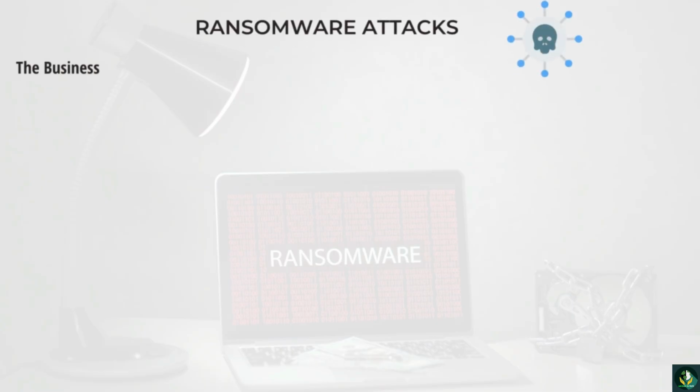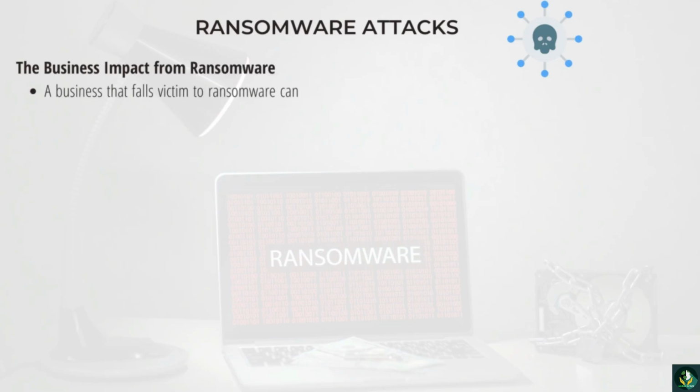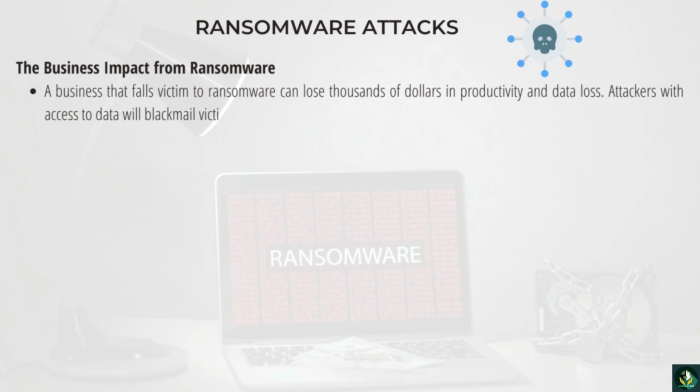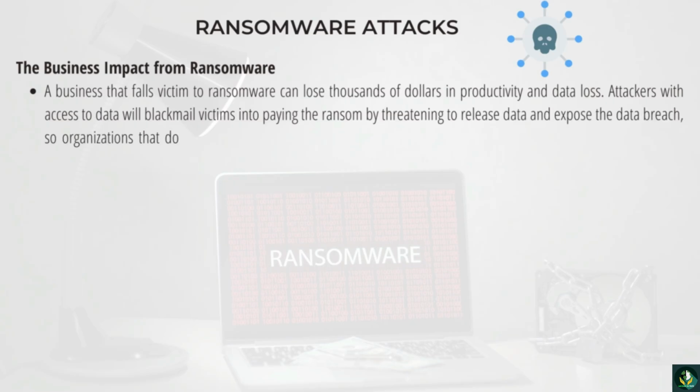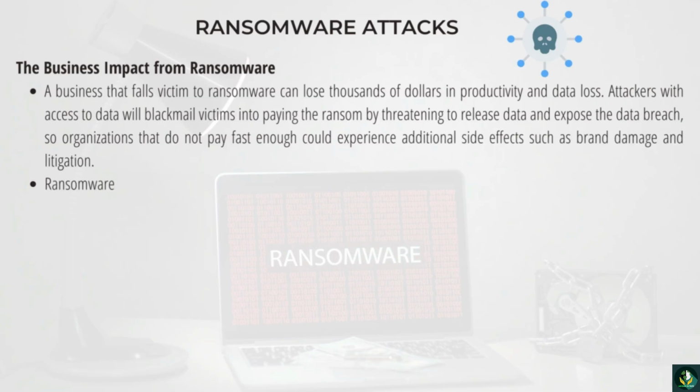The business impact from ransomware. A business that falls victim to ransomware can lose thousands of dollars in productivity and data loss. Attackers with access to data will blackmail victims into paying the ransom by threatening to release data and expose the data breach, so organizations that do not pay fast enough could experience additional side effects, such as brand damage and litigation.